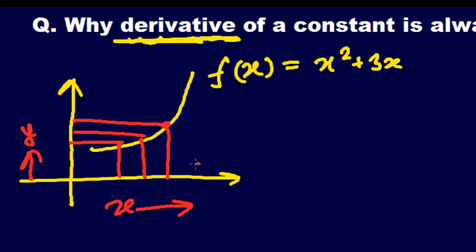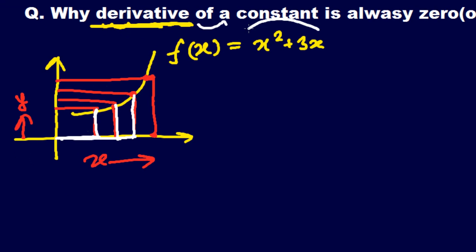When x moves this much, then the y length is also increasing. As x length is increasing, y length is increasing. So overall x is changing, and y is also changing.